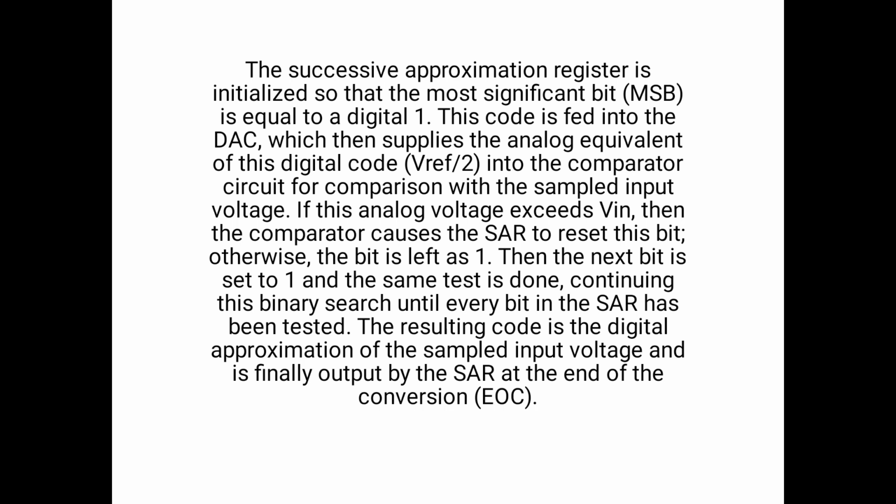If this analog voltage exceeds Vin, the comparator causes the SAR to reset this bit, otherwise the bit is left as 1. Then the next bit is set to 1 and the test is done, continuing this binary search until every bit in the successive approximation register has been tested. The resulting code is the digital approximation of the sampled input voltage and is finally output by the successive approximation register at the end of conversion.